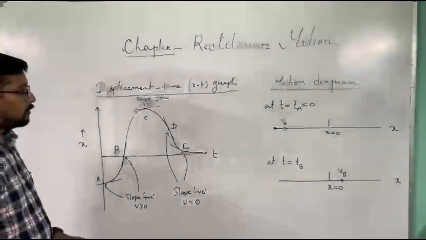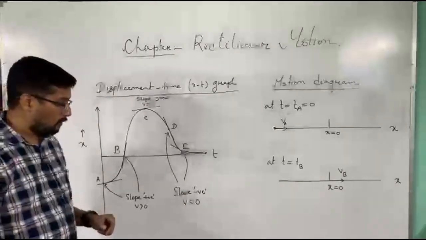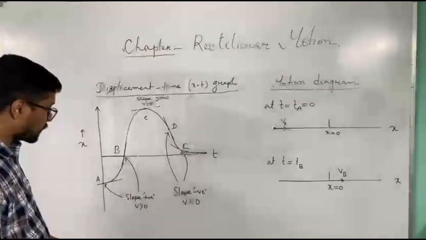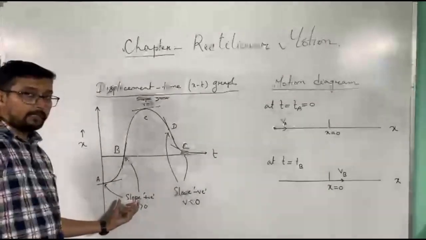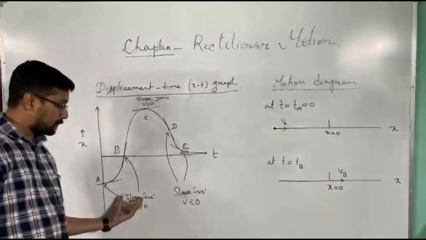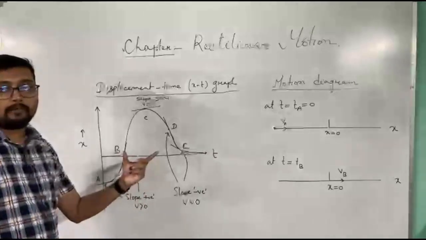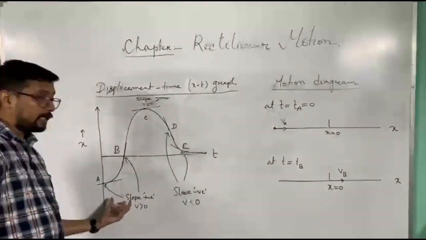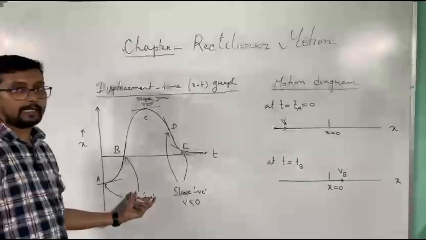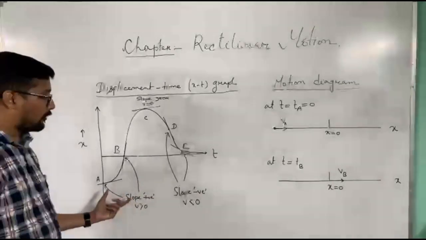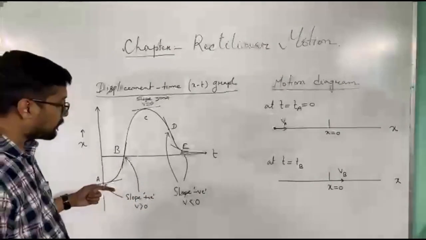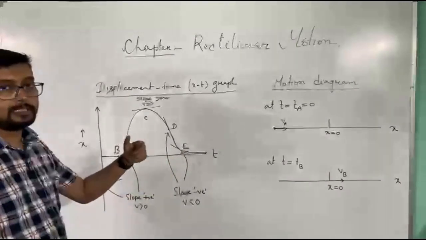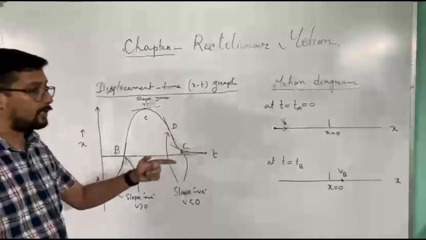Now we know velocity is a vector quantity. Velocity has magnitude as well as direction. The magnitude of the slope will give us the magnitude of the velocity, that is the speed, and the sign of the slope, whether slope is positive or negative, will decide whether the object is moving in the forward direction, that is in the positive direction, the direction which is assumed as positive.